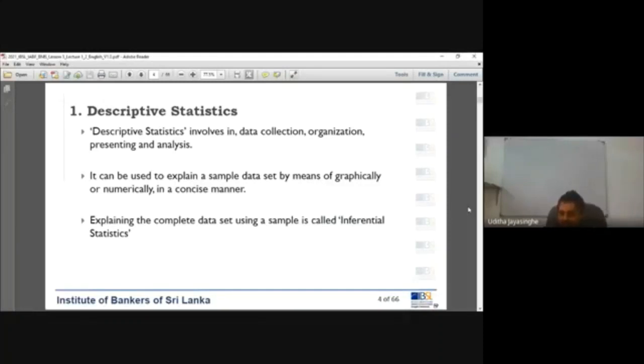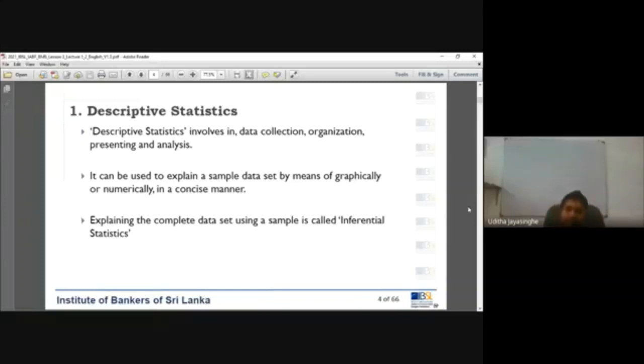It can be used to explain a sample data set graphically or numerically in a concise manner. So the moment we want to use a particular sample to represent the entire population, remember in our earlier example, 70 students, we were not interested in talking to everybody, but rather selecting maybe 20 students.